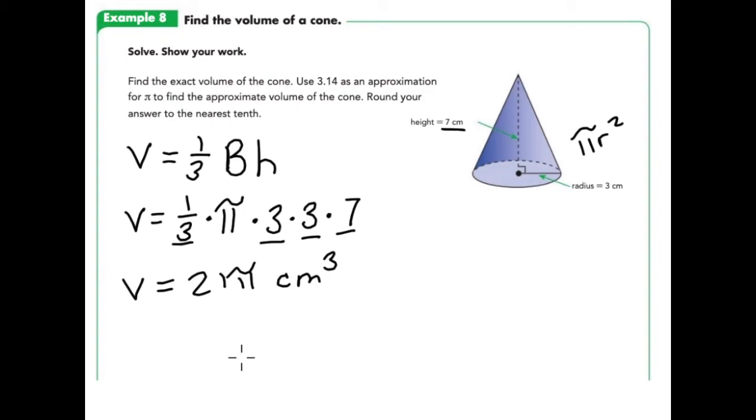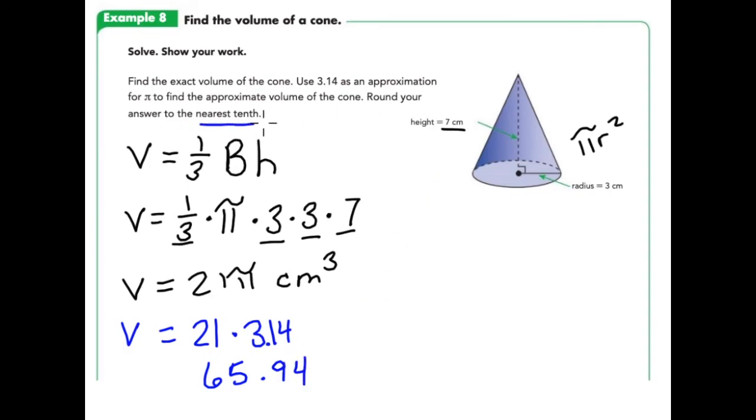Now, to find an approximation, we're going to substitute for pi, and in this situation, we're going to use 3.14. So now to find our approximation of volume, we are going to go volume equals 21 times 3.14. When we multiply 21 times 3.14, we are left with 65 and 94 hundredths.